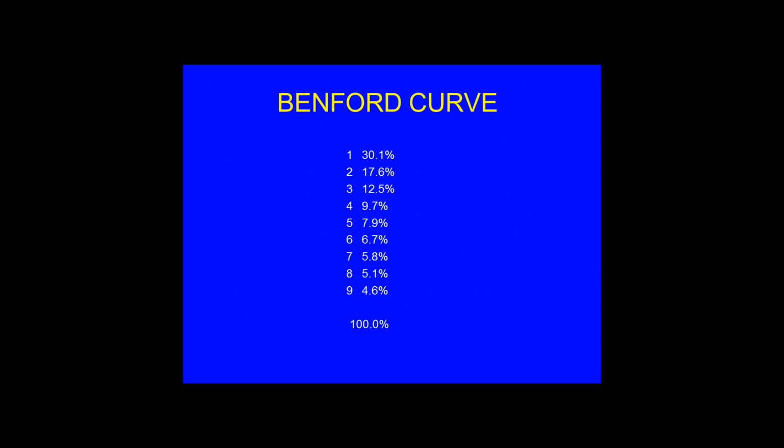So when we run the data through the Benford, these are the percentages we're comparing it to. So that's what it should be, naturally occurring with a certain population. Exactly. This is the normal distribution that you would typically see occurring.